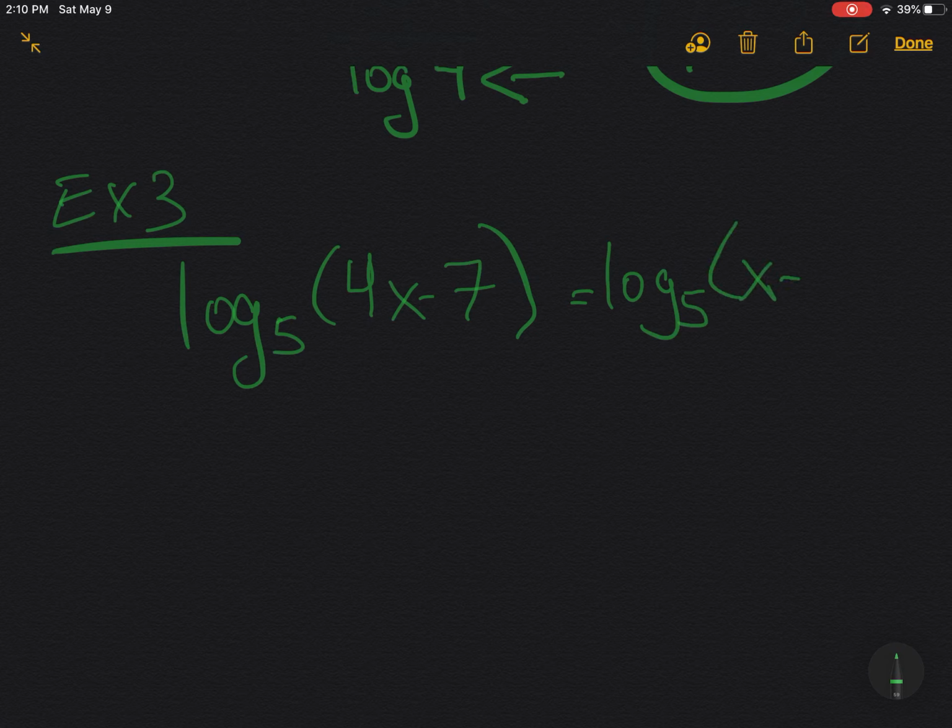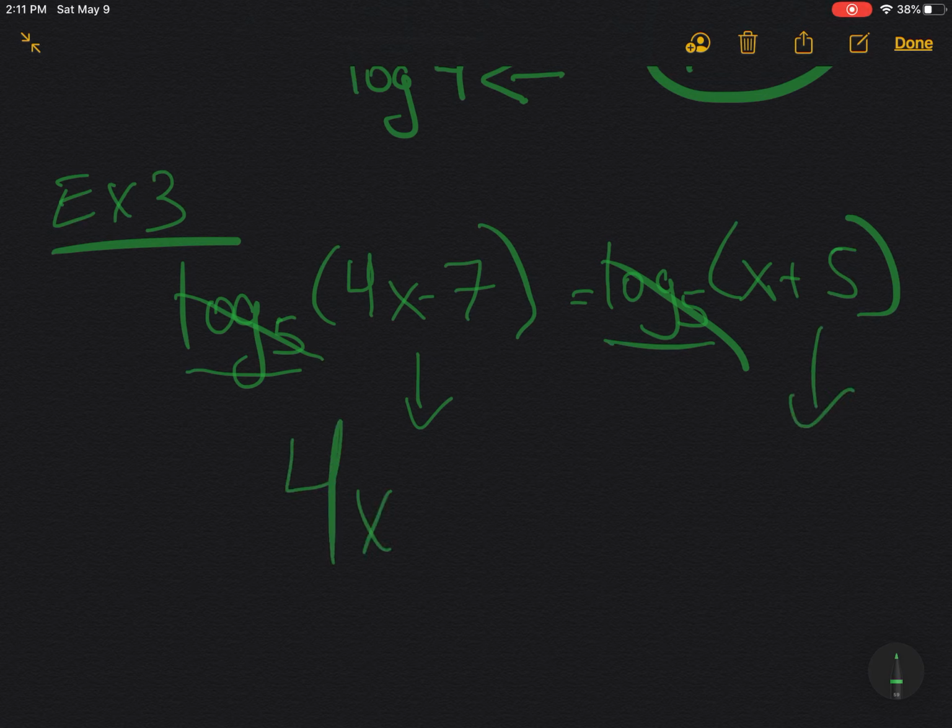So this is easier, and the reason is because when you already have a log on both sides and these logs match each other, so notice log base 5 equals log base 5, the beauty of this is these now will just kind of go away for a little bit because we're using the property of equality for logarithmic equations. So if they're equal, you're not going to get a problem where they're not equal, so don't worry about that. These now are going to equal.